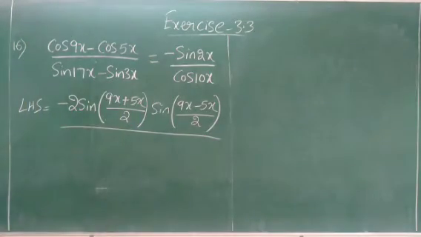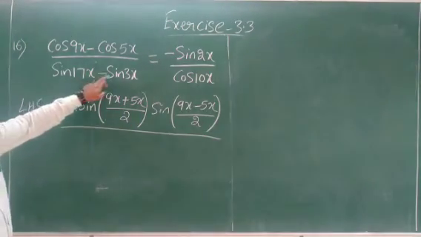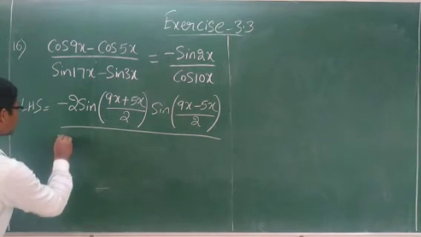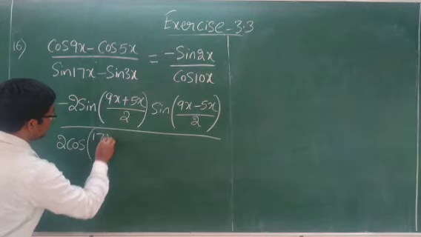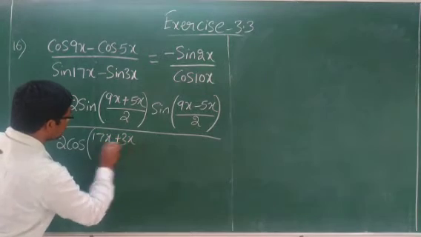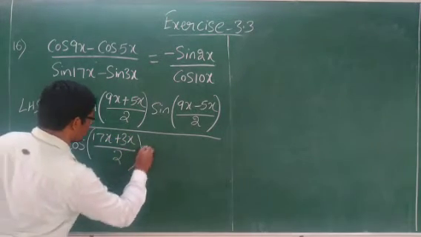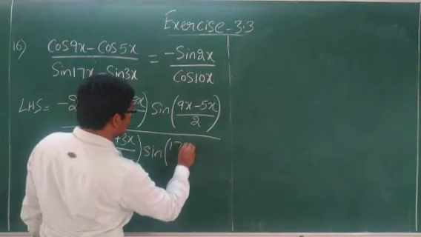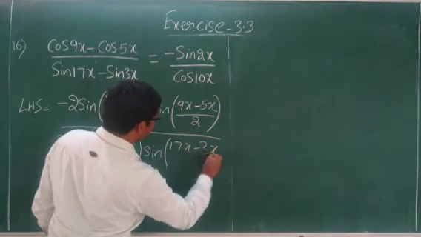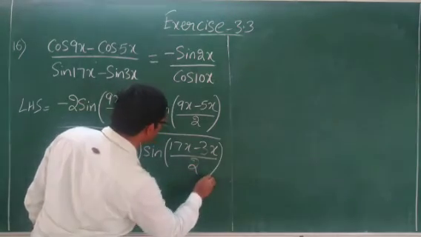In the denominator we are using sin x minus sin y. Sin x minus sin y is 2 cos of (x plus y) by 2 into sin of (x minus y) by 2.